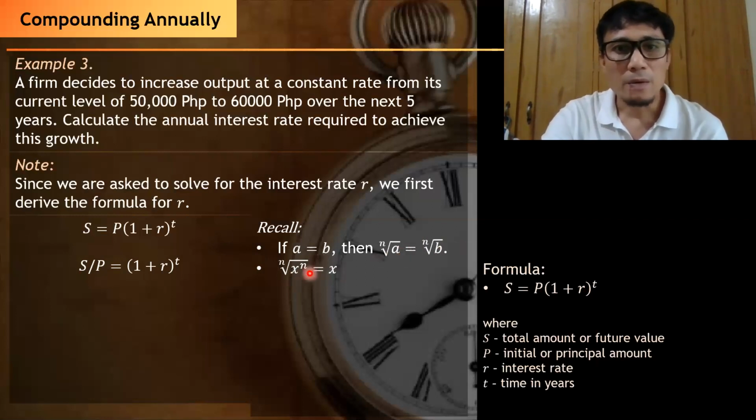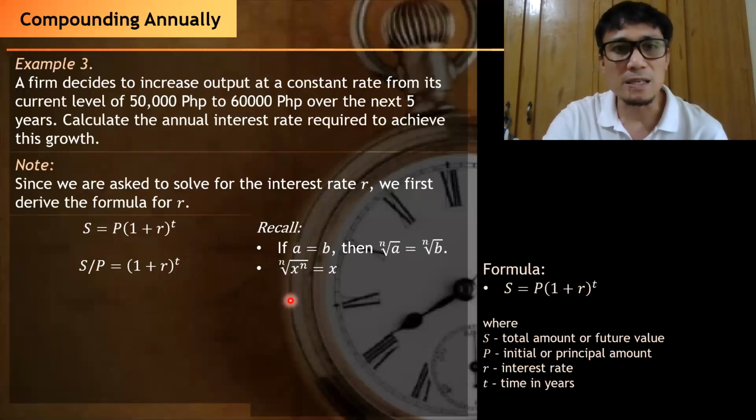Now, we're going to use this property to solve for R, in particular, to remove this T here. What we're going to do is get the nth root, or the T root, of both sides so that this T will be removed using the second property.